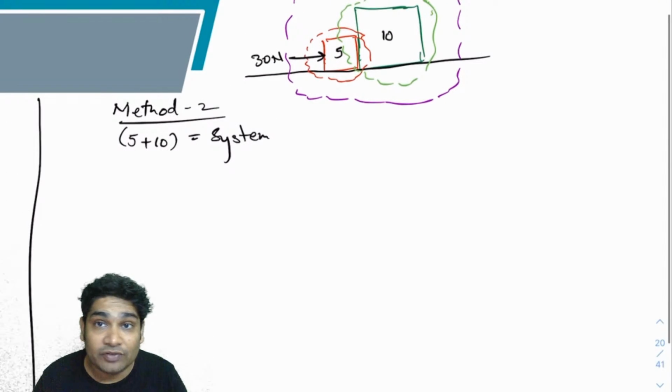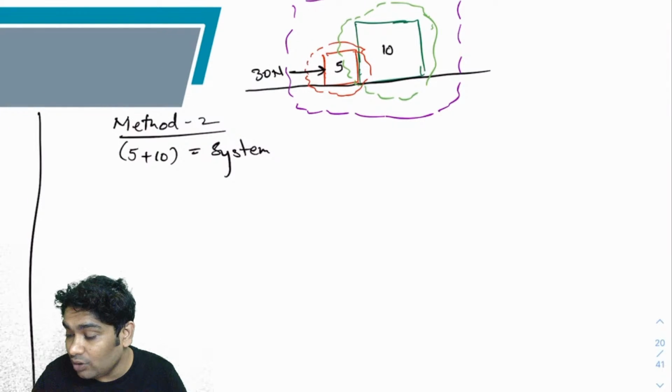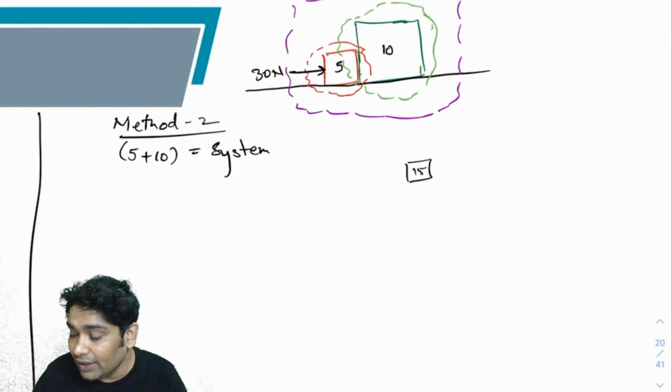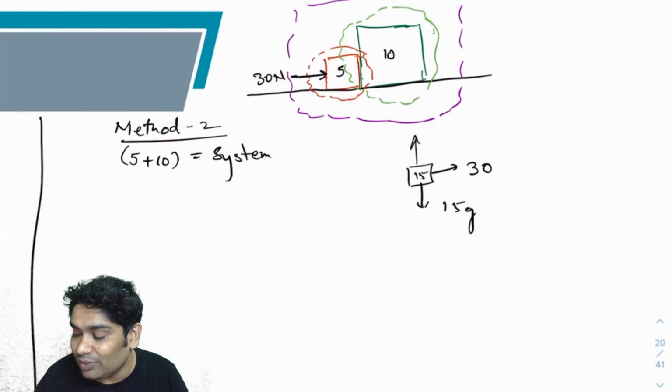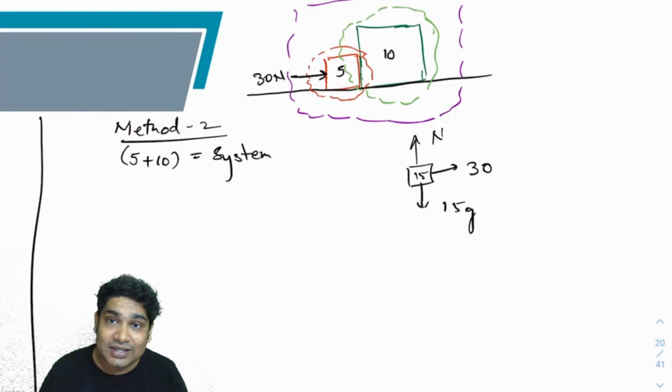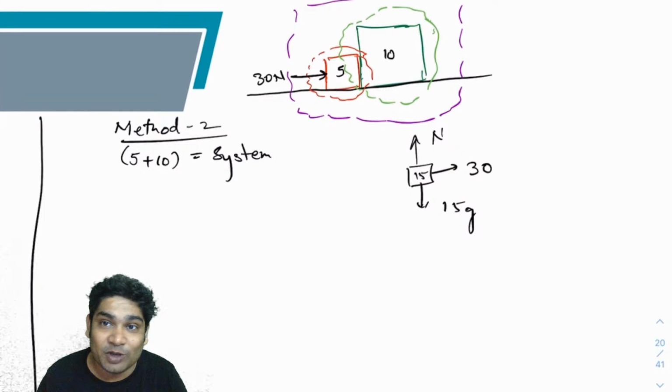So you say, okay, you have a single unit of 15 kg. It is feeling a push in this direction of 30. It will feel a downward force of 15g, and it will feel a net normal force from the ground, let's call it n. This is what the FBD of the single unit will look like.